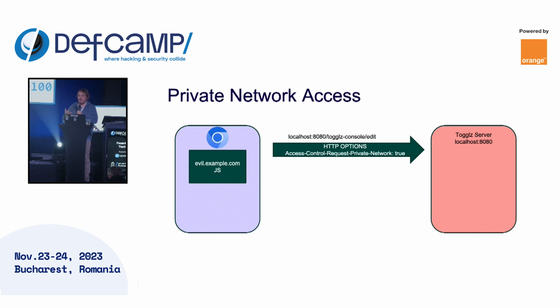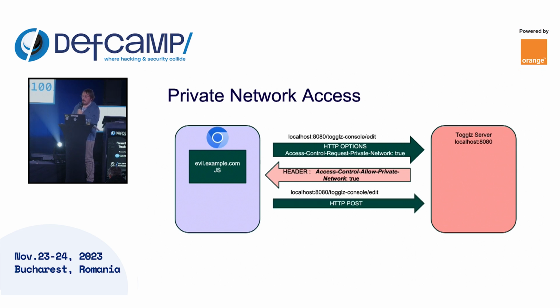The browser wouldn't let you not. And not just any, there's a new header to go along with it. So before you could make that request from the browser, you would have to set this header, and only if the web application returned a header saying true, it would then allow you to make the original HTTP request. That would effectively block this class of attack completely.